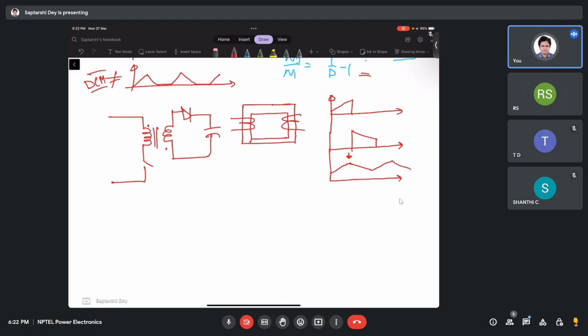Now if you look closely, let us draw the transformer properly. This is a better way of understanding. Give me some time, I will draw the transformer. I'm drawing it with proper sense of windings.